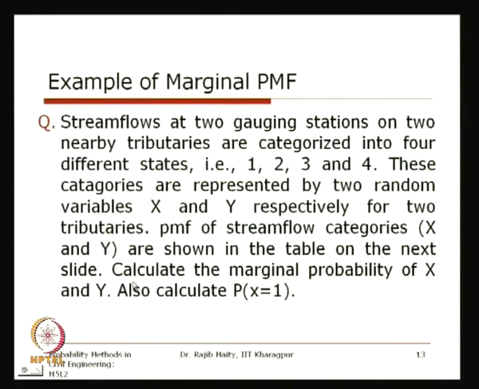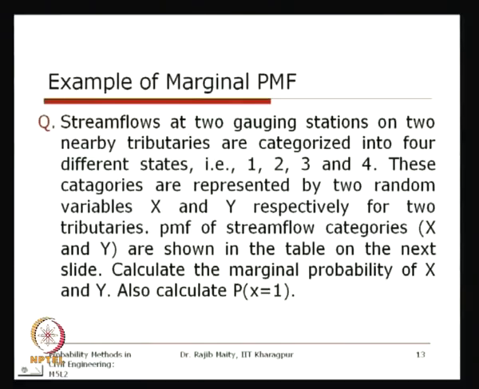So what we have to calculate here is the marginal probability of x and y, and also the probability of x equals 1. You recall that with this problem in the last lecture we calculated the probability that x is greater than y.